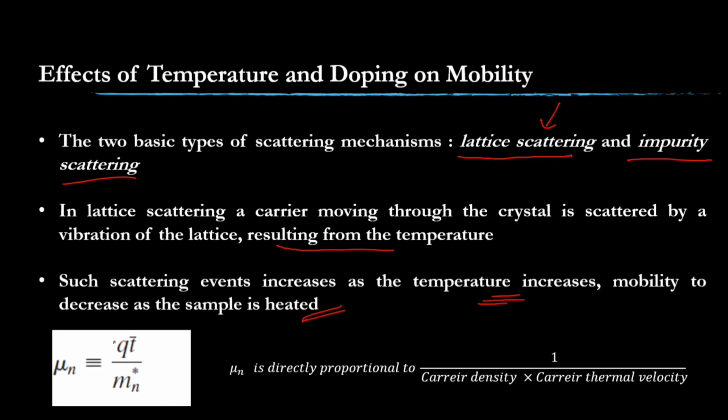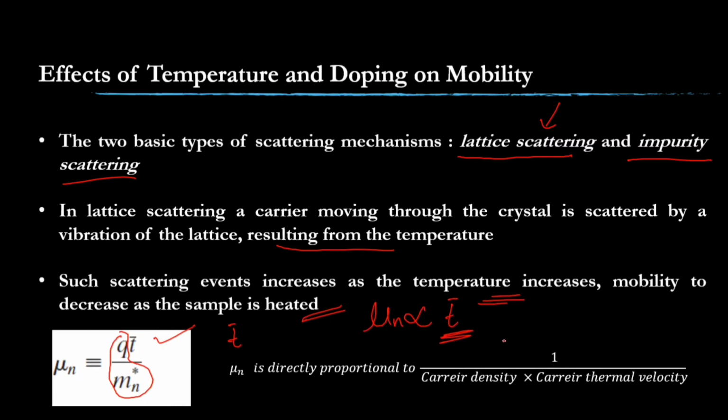Now we look at the mobility of electron. This is the expression we learned in the previous class. Everything is constant here, and tau is basically the mean free time. So the mobility of electron is directly proportional to the mean free time. The mean free time basically depends on the density of the carriers and the carrier thermal velocity.